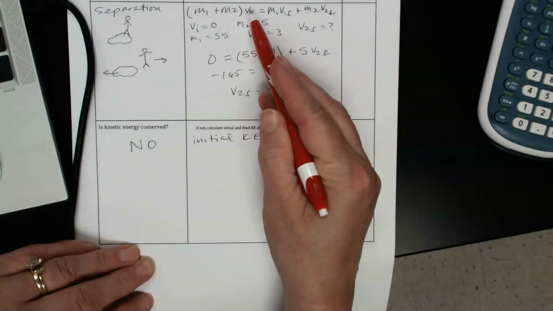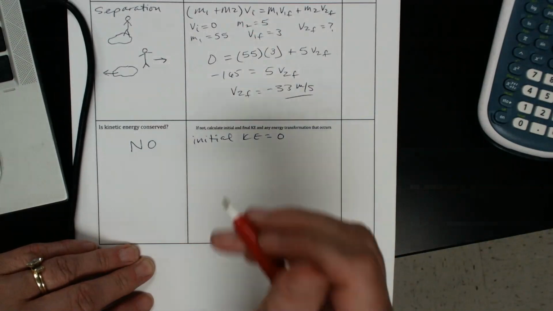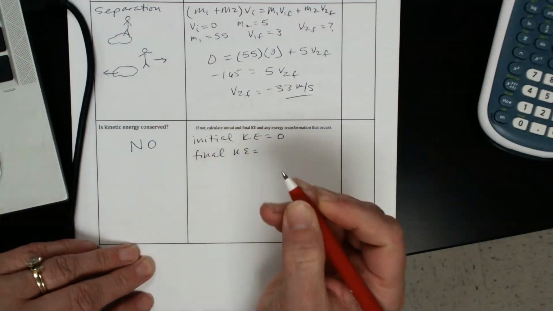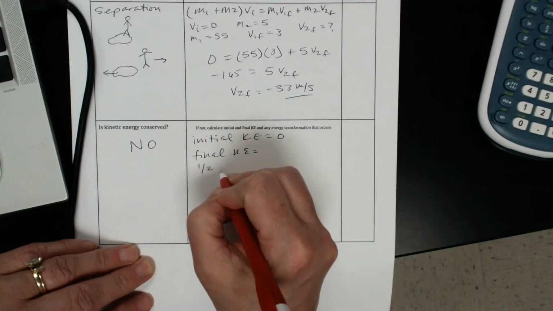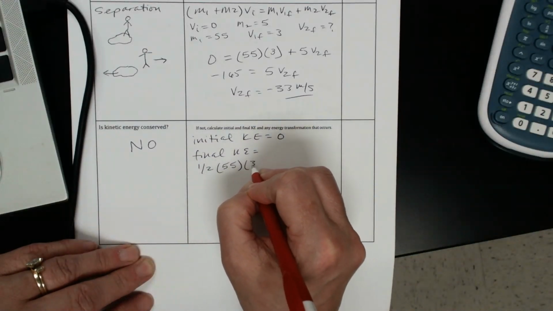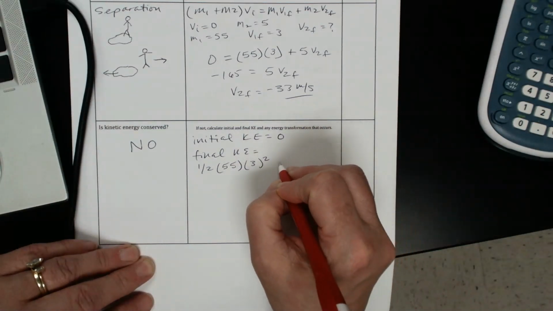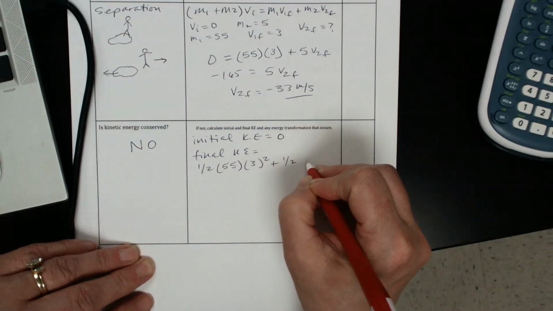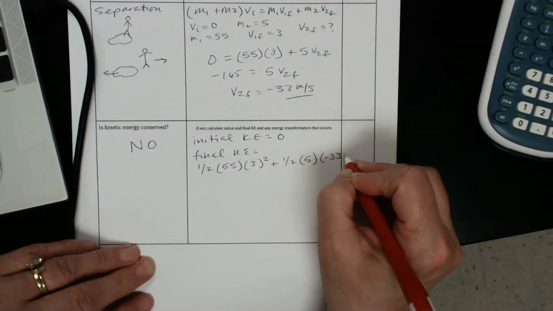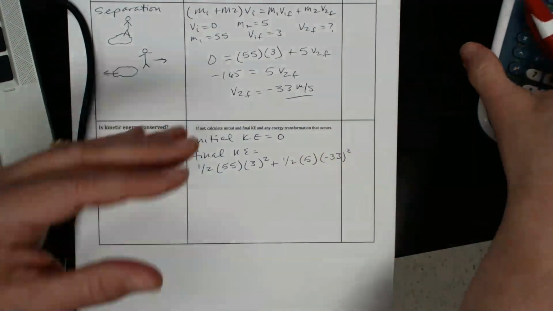So both of them have an initial velocity of 0. Final kinetic energy: we're going to have 1/2 Sam's mass and his final velocity squared, plus 1/2 times the mass of the raft times minus 33. Now the minus is going to go away when we square it.